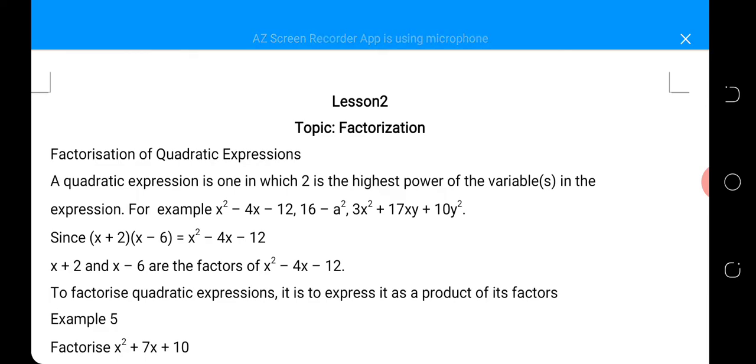Today, we are going to revise another important topic in mathematics, which is factorization. And we are going to focus our attention on the factorization of quadratic expressions, because from experience, I've noticed that most of the students are finding this topic very difficult.